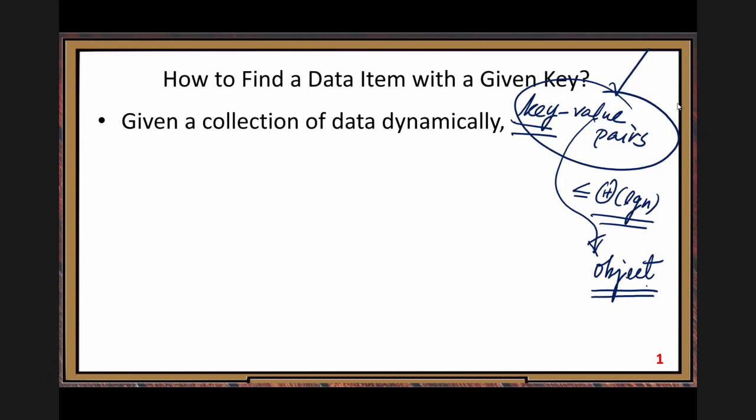Structure data in one object. It could be a big object. All right. So you can imagine key value pairs like that.